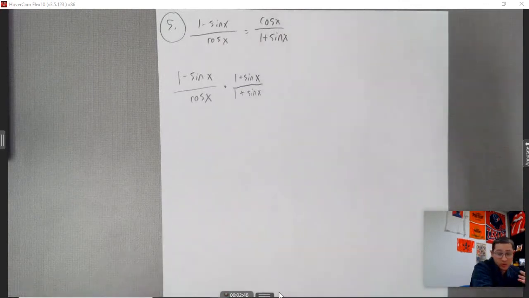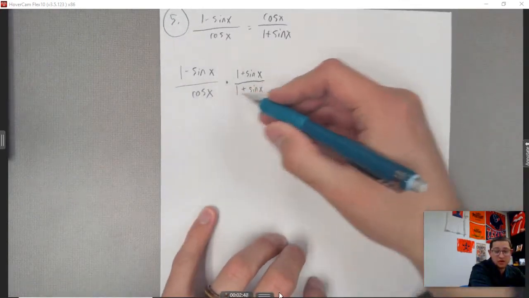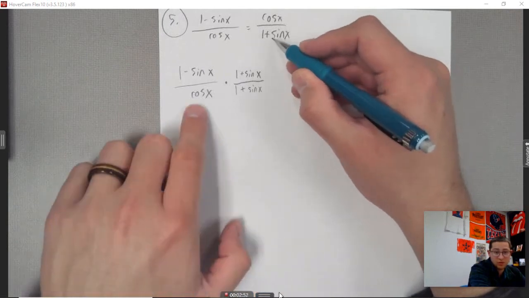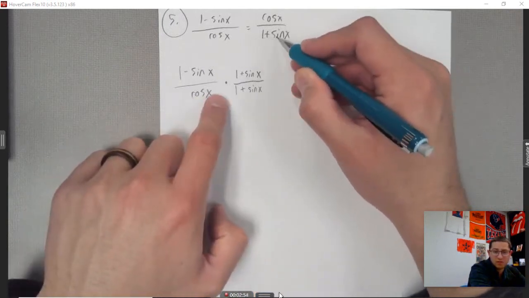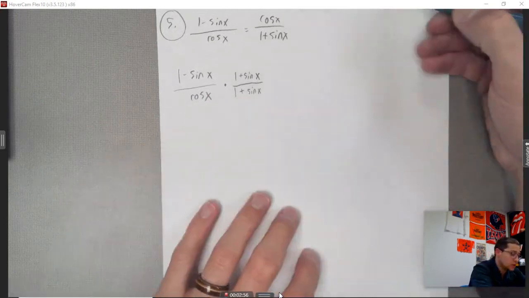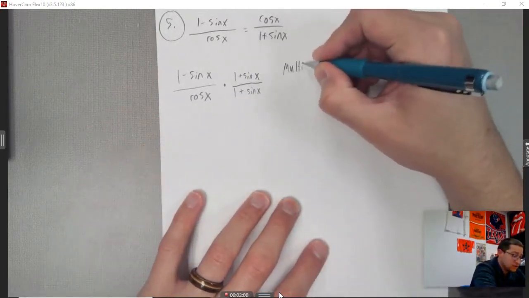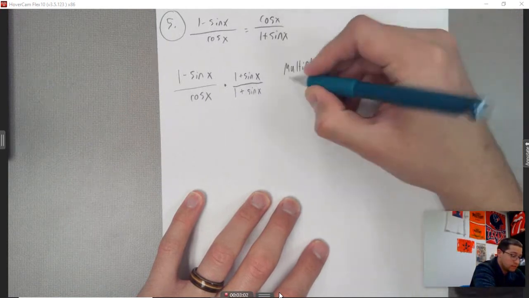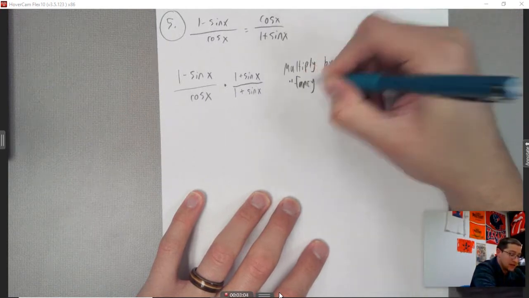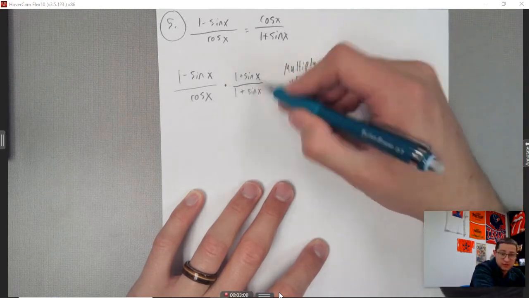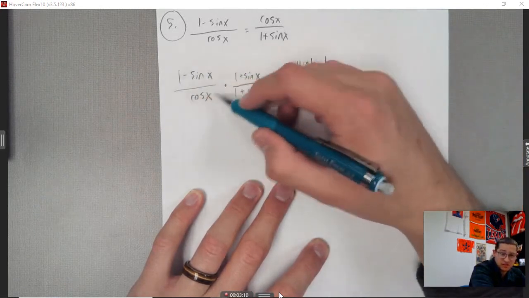Now really the only goal is to just cancel cosine, because over here we just want 1 plus sine of x. Notice there's no cosine on the bottom on this side. So that's multiplying by a fancy version of 1. That's what I like to call it, fancy 1. This over this is the same thing, so we're not changing the value.